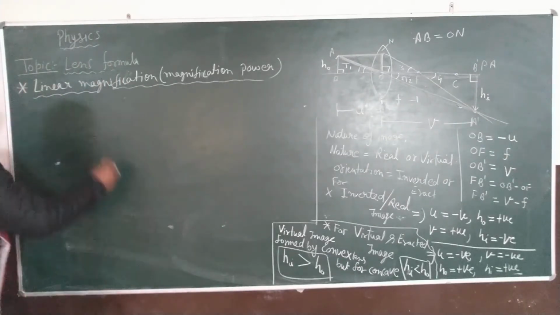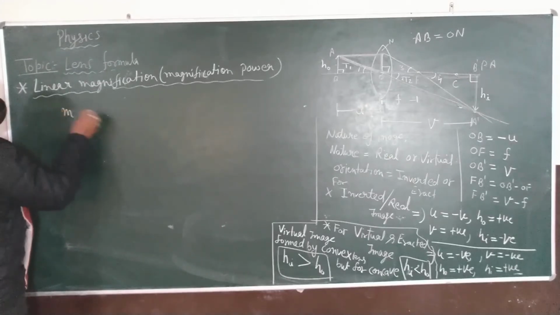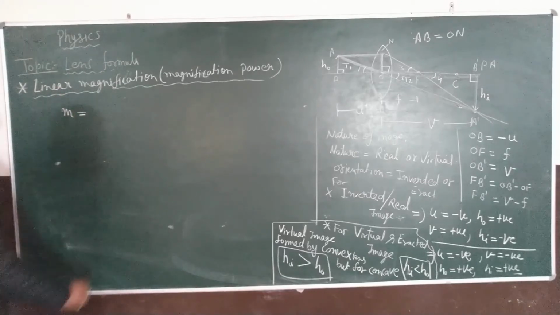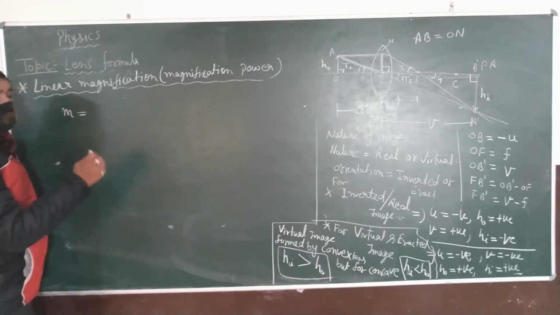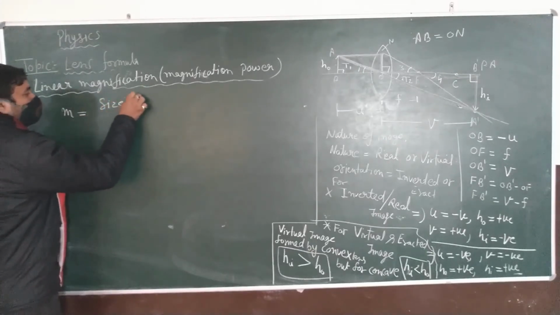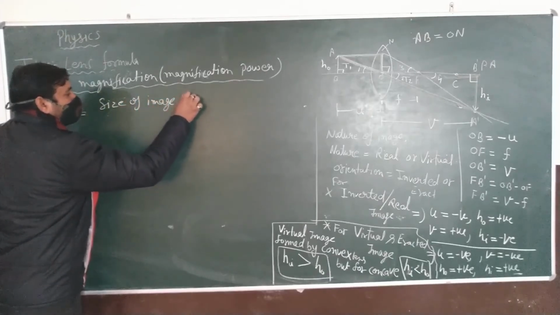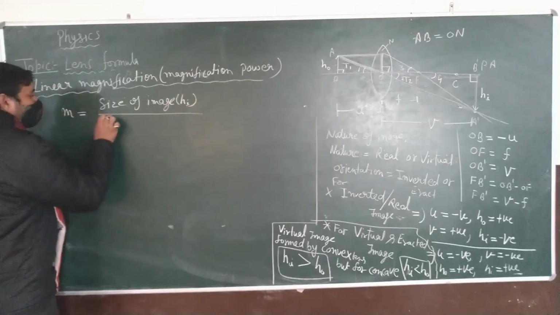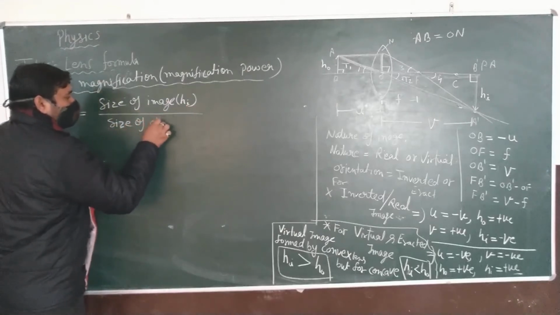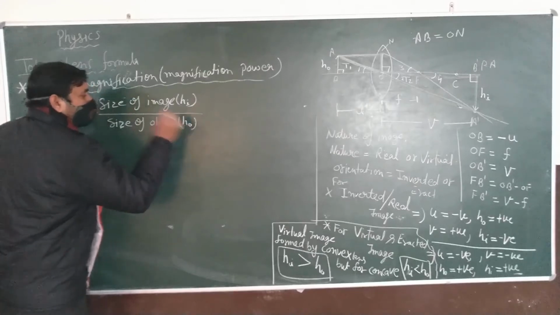It is denoted by small m, and the linear magnification produced by a lens is defined as the ratio of the size of the image, that is HI, to the size of the object, HO.